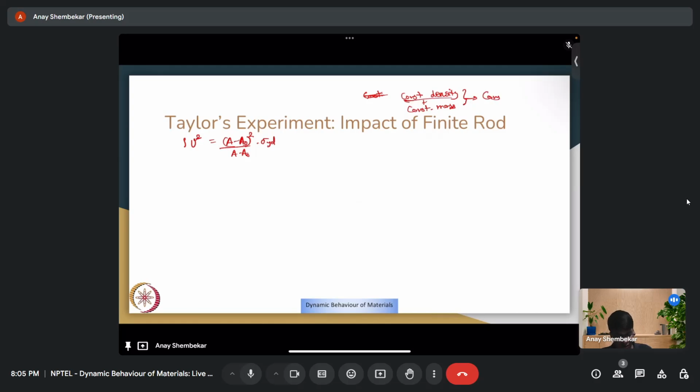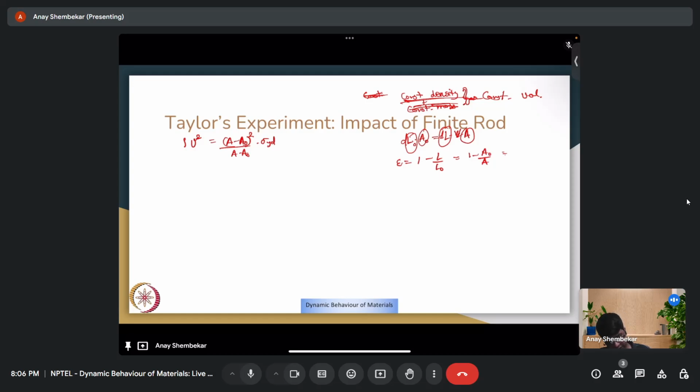Using mass conservation, if you have constant density, you basically have a constant volume condition. So if the initial length was L naught with area A naught, the final length is L with area A. This is my original area, this is my changed area. And if the initial length was L naught, or say dL naught, the final length now becomes dL. So you can write strain as 1 minus L by L naught, which is nothing but 1 minus A naught by A.